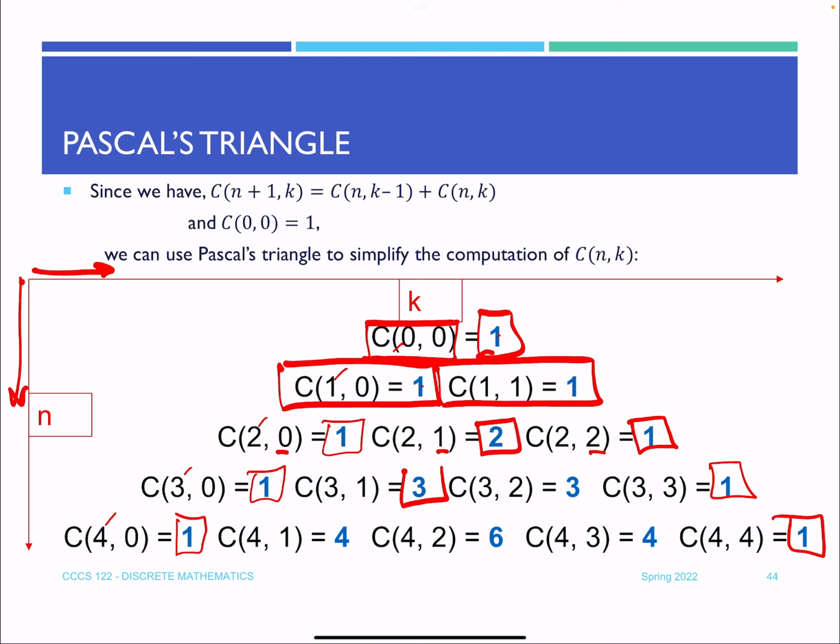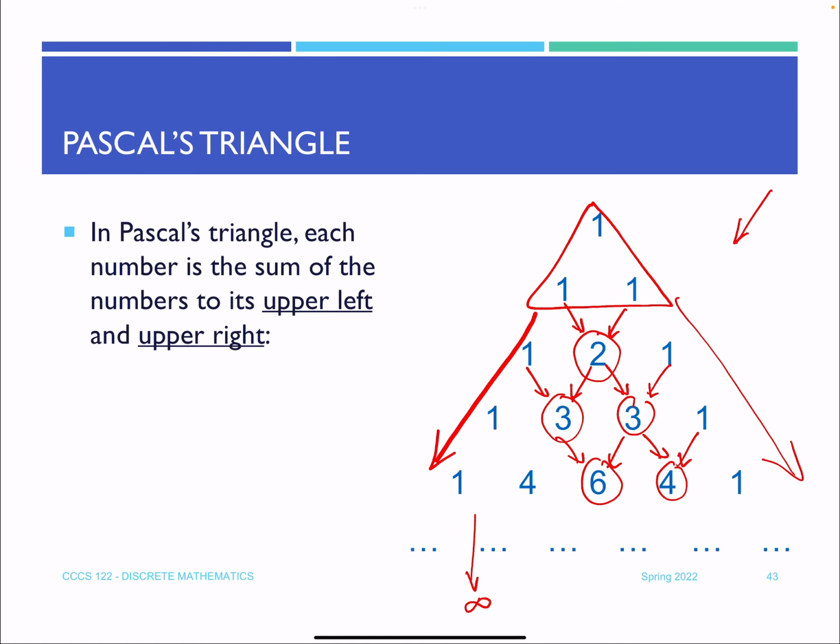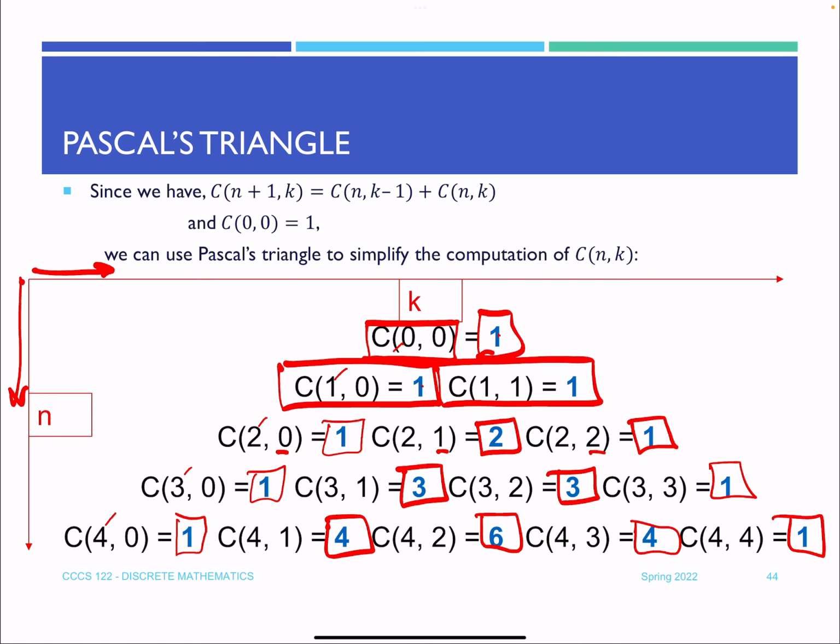In the next row, we have 3, 3. On the fourth row, we have 4, 6, 4, which is exactly what we saw over here in the Pascal triangle. So the coefficients of combinations, when arranged in this way along this n and k axis, basically form a Pascal's triangle.